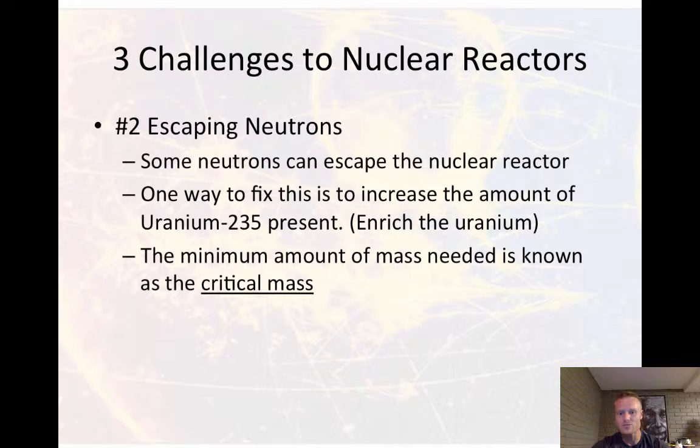Just put more uranium-235 in the area so that there's more opportunity for these fission reactions to occur. The minimum amount of mass needed for this chain reaction to sustain itself is called the critical mass. So when you hear about enriching uranium, what they're doing is getting a lot of uranium in an area that's unstable that can then undergo fission.